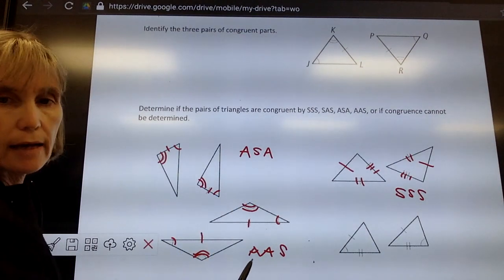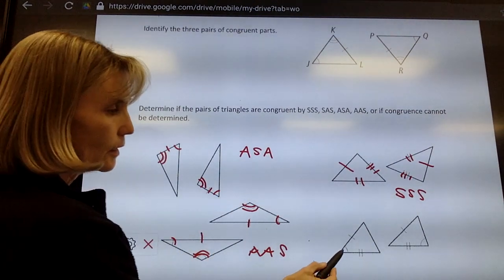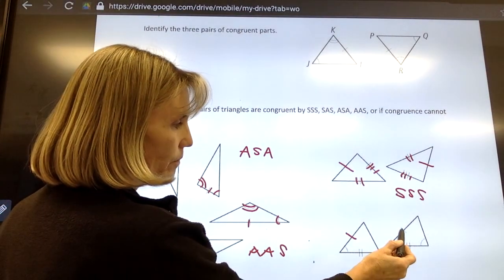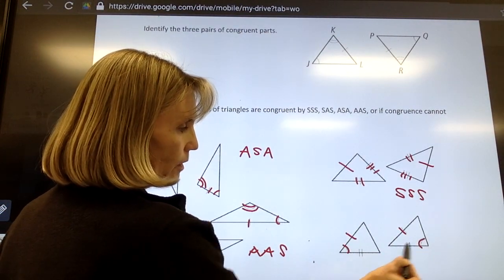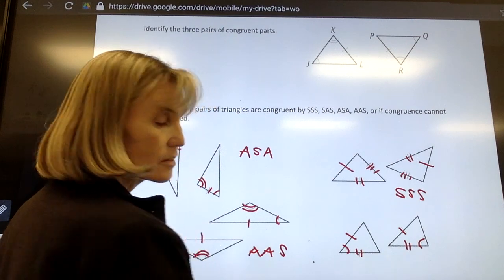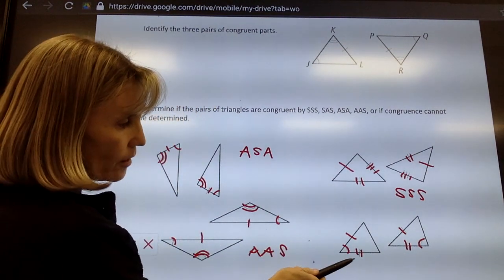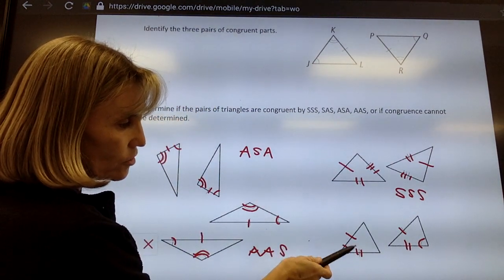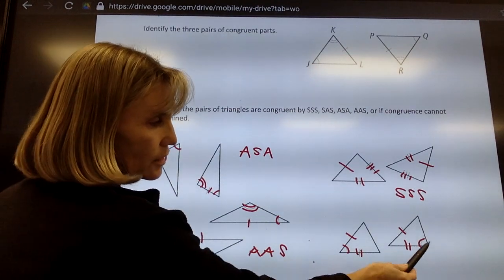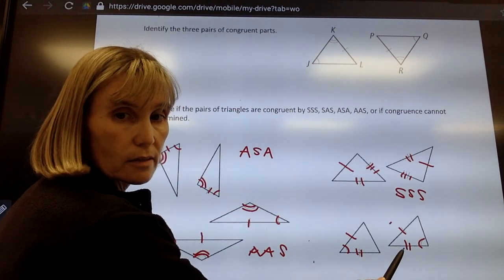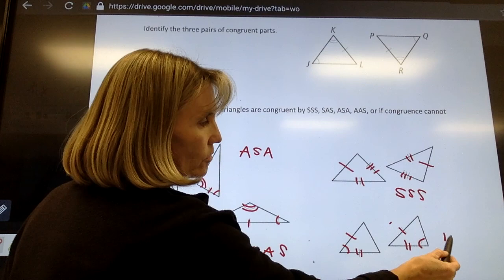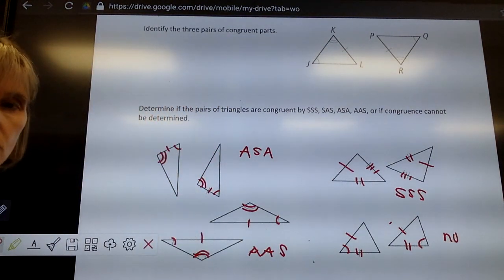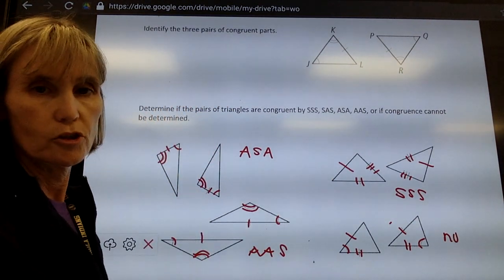In this one, it does not. Okay, and then lastly, you've got a side, you have an angle, and then you have a side. Now, this is kind of a trick here. On this triangle, the angle is in between the two sides, but is the angle over here in between the two sides? And the answer is no. So those are not congruent to each other.